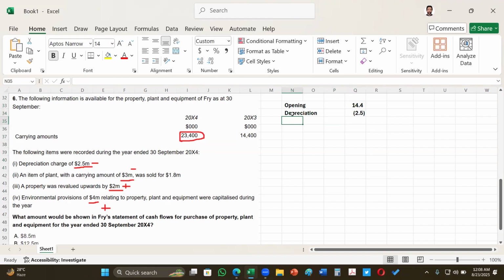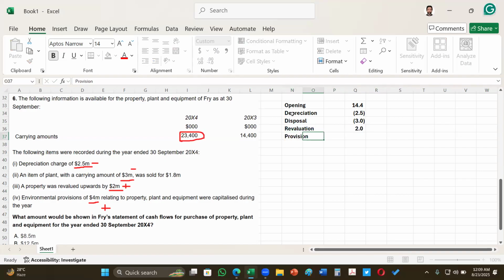Then there's the disposal, and that is less 3. And then there is this revaluation. The revaluation is 2. And then there is the environmental provision. The provision is added 4. So according to these calculations, we have a balance which is 14.9.